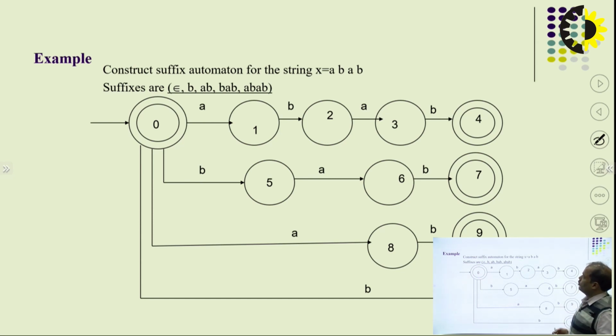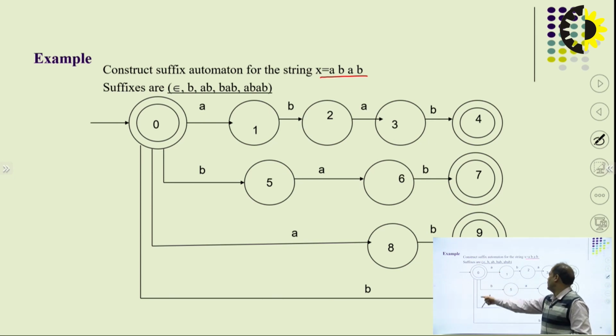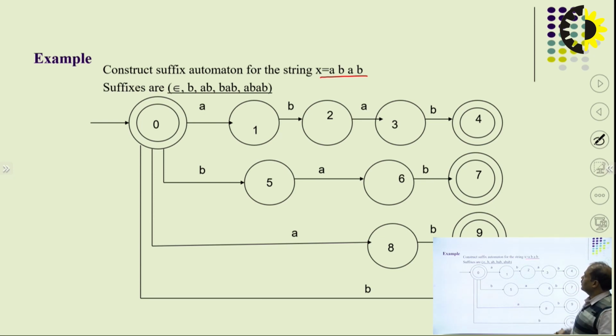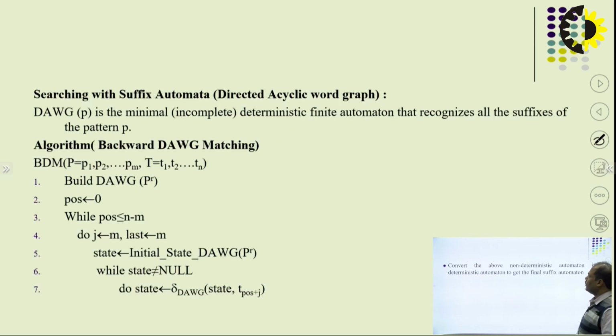So look at this, same thing: we have the pattern and can calculate all of its suffixes. We have four finite automata, four NFAs, and of course these are NFAs. Look here, A, then A: we have an NFA. So in order to get the suffix automata, we have to convert this NFA into the corresponding DFA. Then only can we use it in string matching, right?